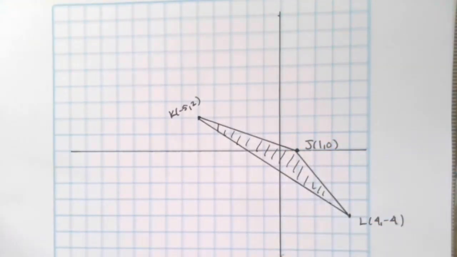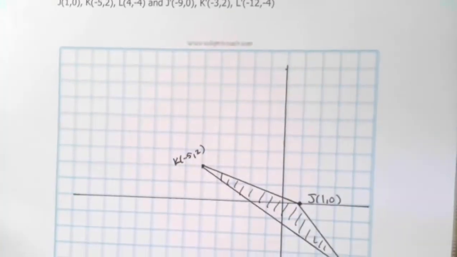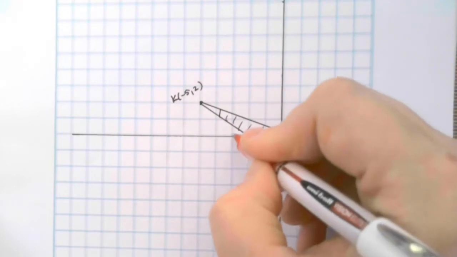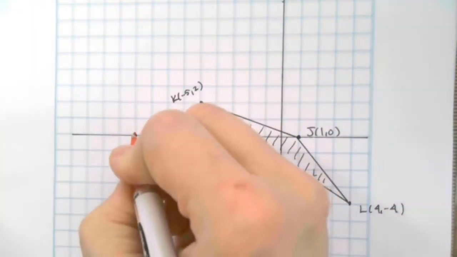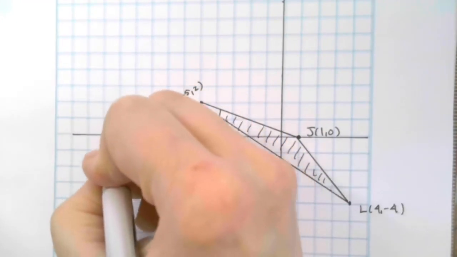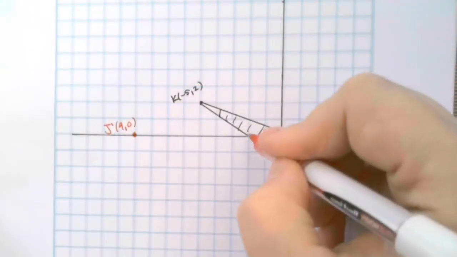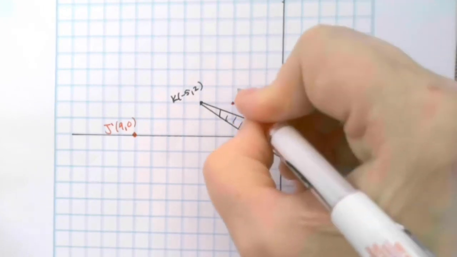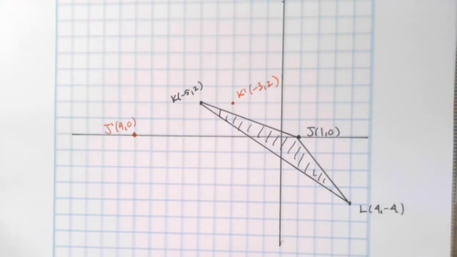Now we're going to plot the image, the result. J prime is negative 9, 0. So 1, 2, 3, 4, 5, 6, 7, 8, 9. That is our J prime. K prime is negative 3, 2. 1, 2, 3, 1, 2. That's our K prime. And then L prime is negative 12, negative 4.